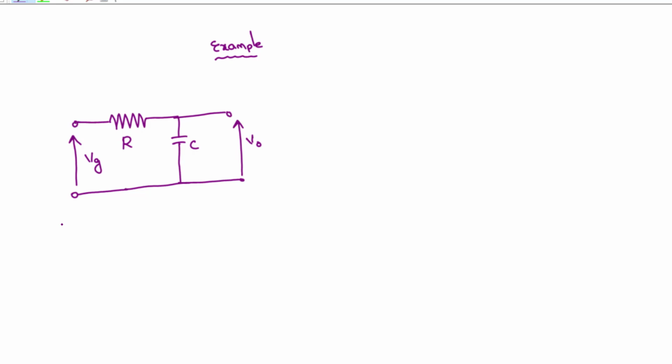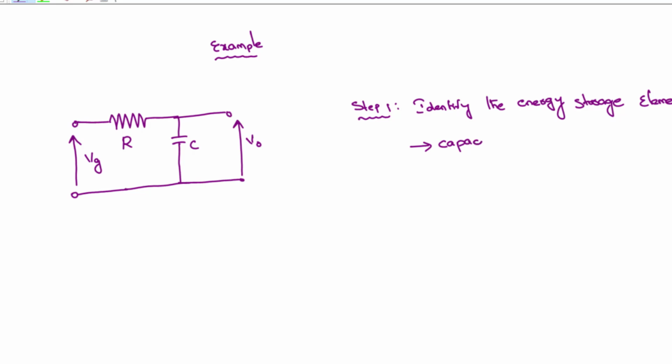Now, the first and primemost step, step number 1: identify the energy storage elements. Tell me, in this circuit, what is the energy storage element? That is the capacitor. The capacitor is the energy storage element.